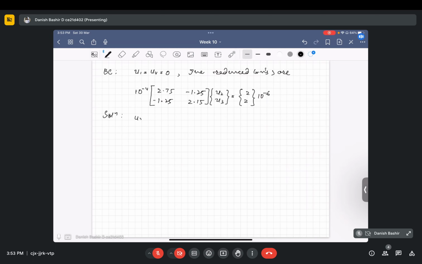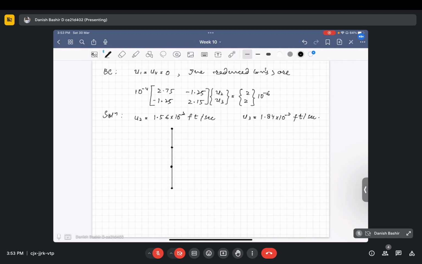So the solution will be u2 equal to 1.56 into 10 to the power minus 2 feet per second, and u3 equal to 1.84 into 10 to the power minus 2 feet per second. So the velocity distribution will be like this. We had three elements, with one node here, one here, one here, and one here.